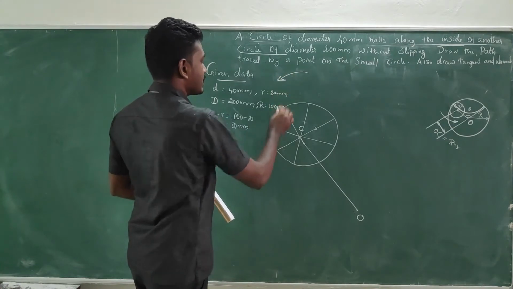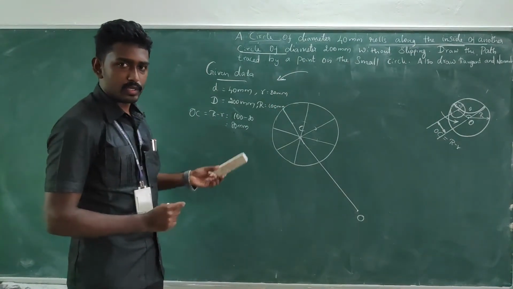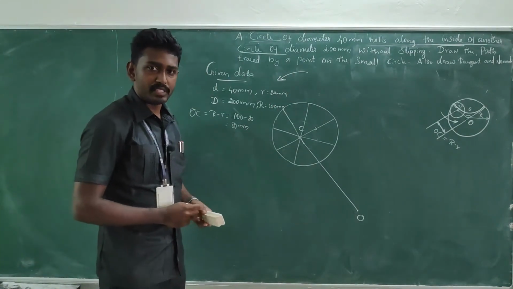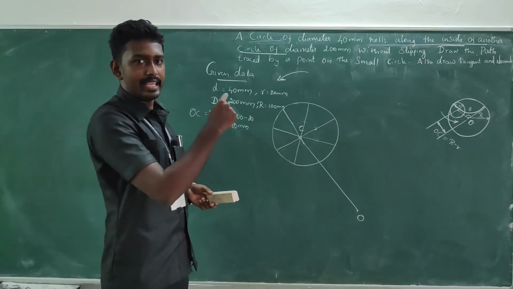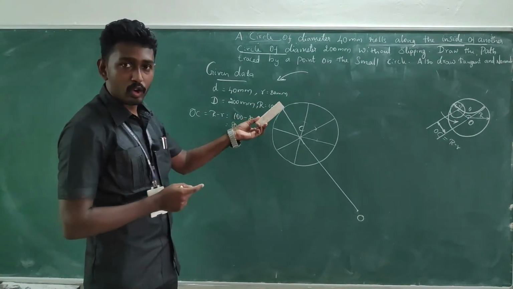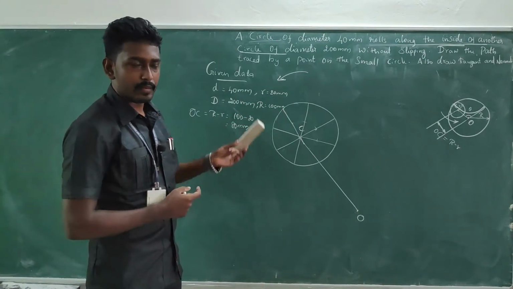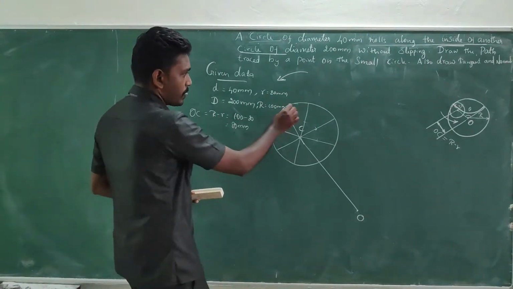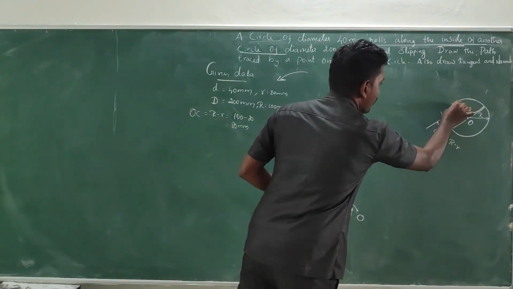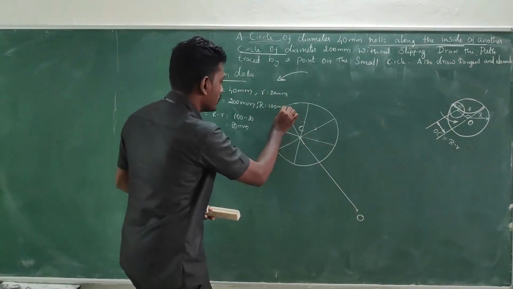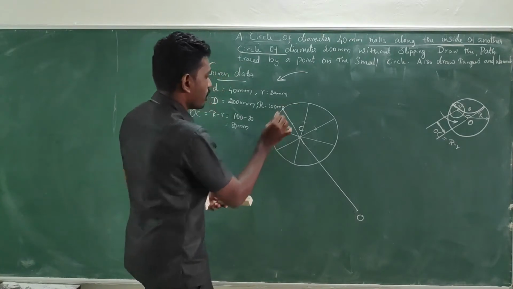In all the other cycloidal curves, that means cycloid or epicycloid, the rolling circle rotates in the clockwise direction, but here alone in the hypocycloid it is rotating in the anti-clockwise direction. The change is, we have the contact point at the top, so this must be the maximum point at the top.